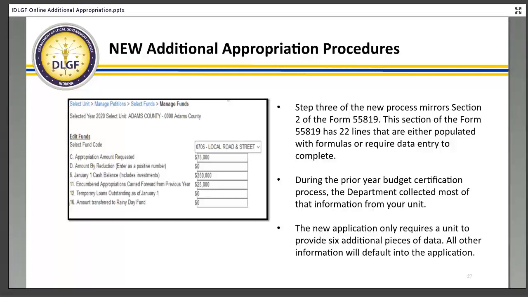Okay. As a result, since we already have the information, we are going to stage it behind the scenes in the application, so that the only 6 pieces of information that anyone will need to include on an additional appropriation request in this section include the amount that's being requested, the amount that is being requested to reduce the budget by, the Jan 1 cash balance, the amount of encumbered appropriations carried forward from the prior year, the balance of any temporary loans that are outstanding as of Jan 1, or an amount that they are wishing to transfer to the rainy day fund.